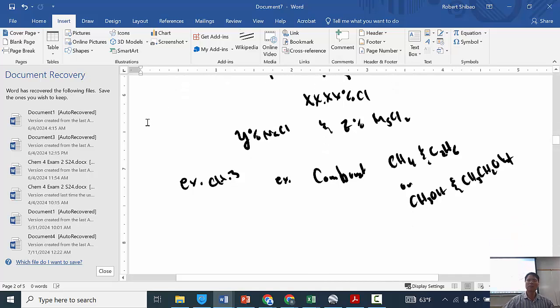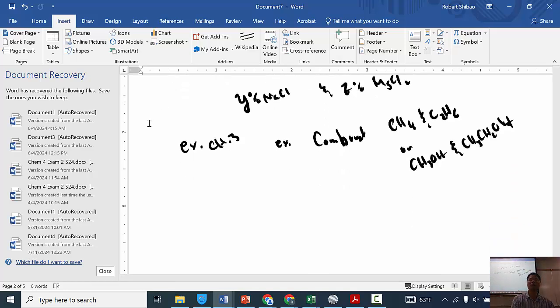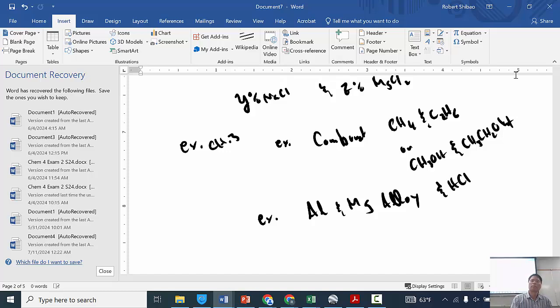And then there's another problem where it was aluminum and magnesium alloy, I think, and HCl. This one yielded a unique amount of CO2. This one yields a unique amount of hydrogen gas.